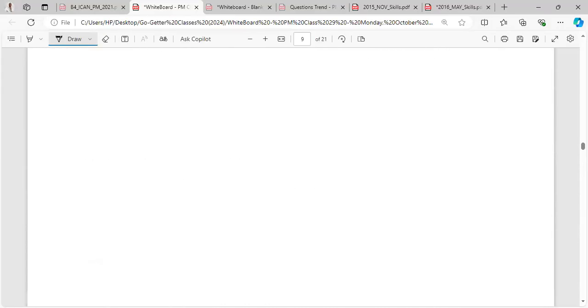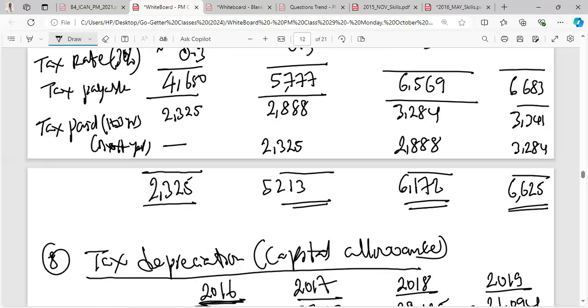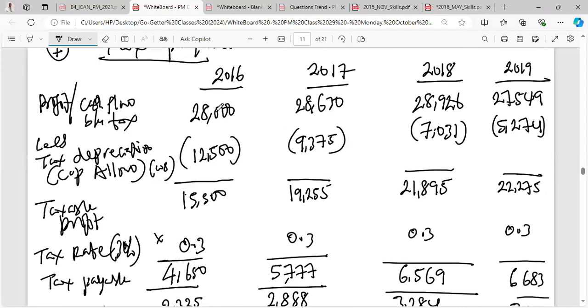Now your tax payable is your profit before tax, to which you apply your tax rate. But before that, this is profit before depreciation and tax. So now you need to remove your tax depreciation.